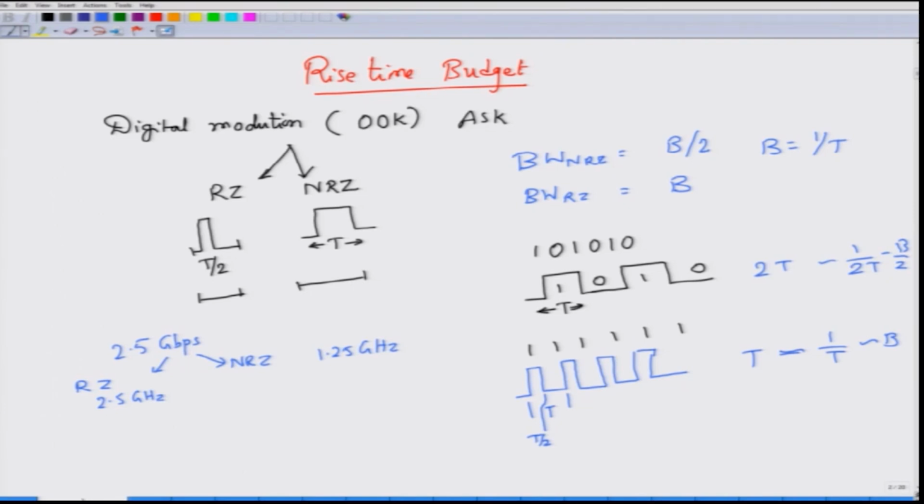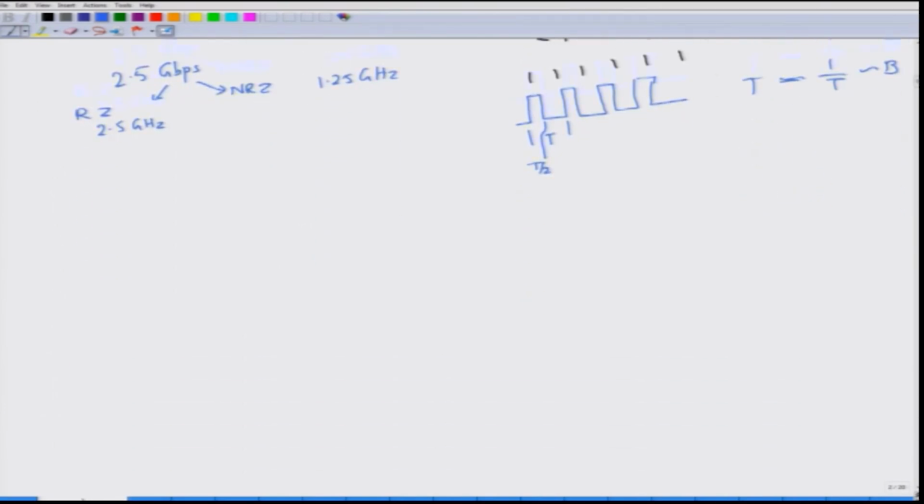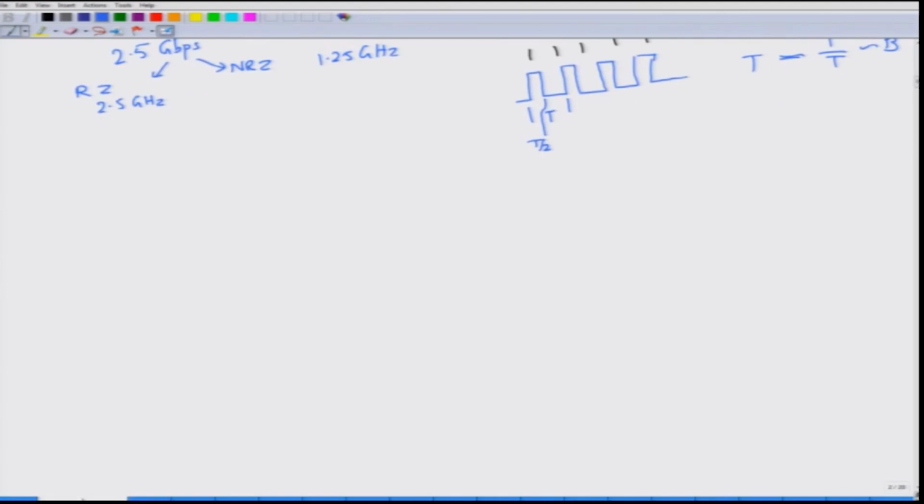A different way of expressing the same information is to talk about the rise time. Okay. A rise time for a signal is specified by looking at its 10% to 90% of the final value transition. What is the time required for 10% to 90% transmission, and this is called the rise time of the pulse. Okay.